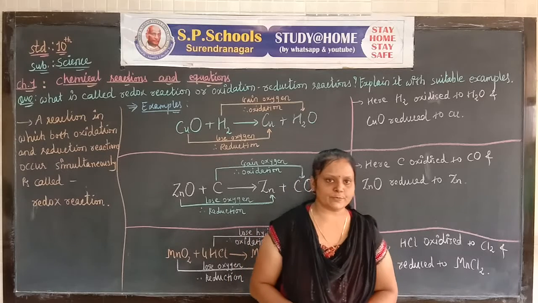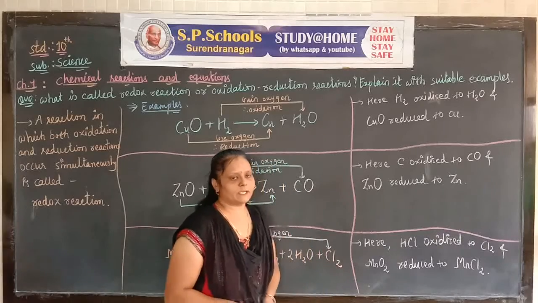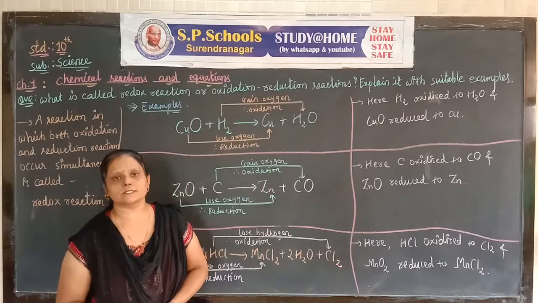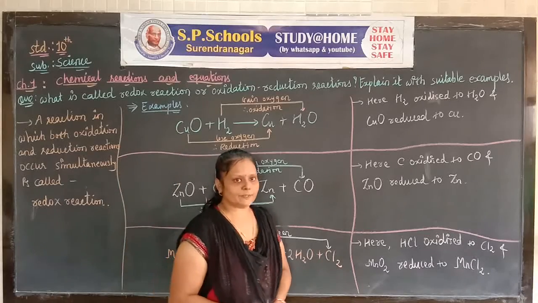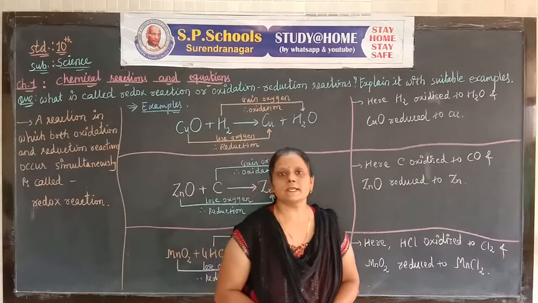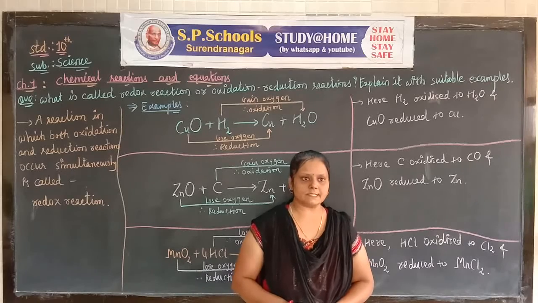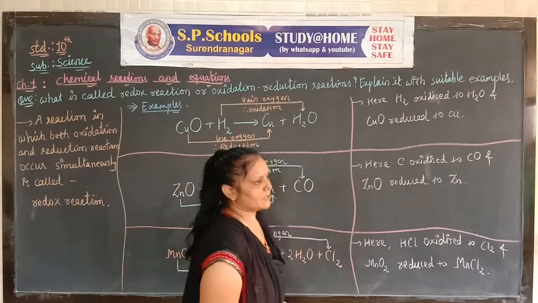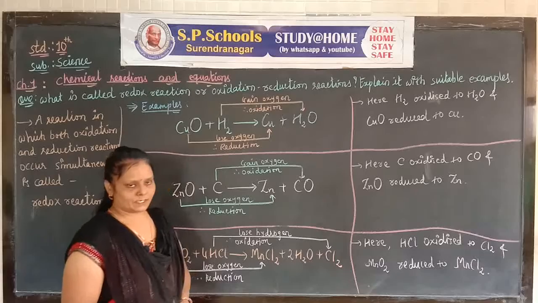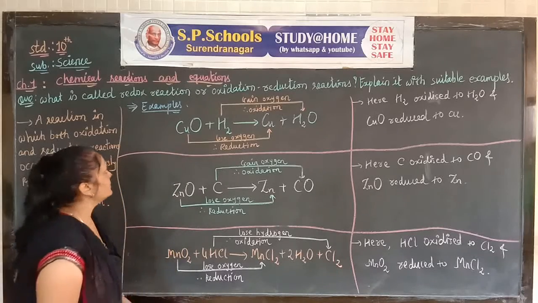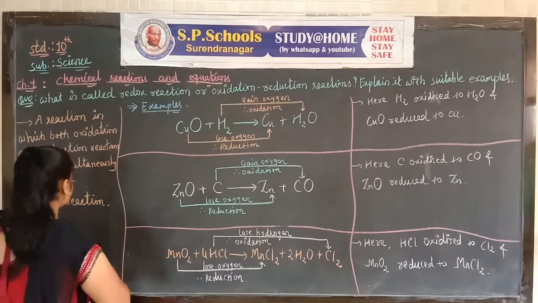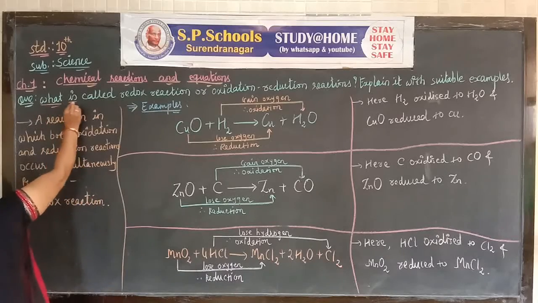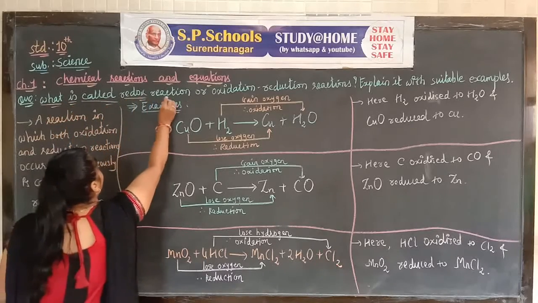Hello friends, in chapter number 1 we got the information about oxidation and reduction reactions. After getting information about oxidation and reduction reactions, let's learn one more question related to them. It is called, what is a redox reaction?